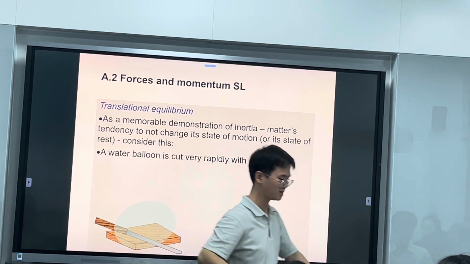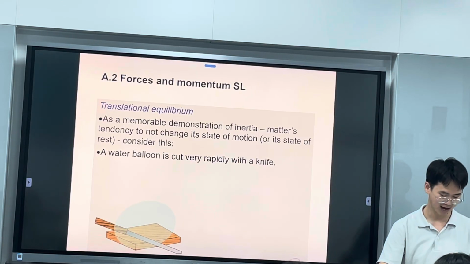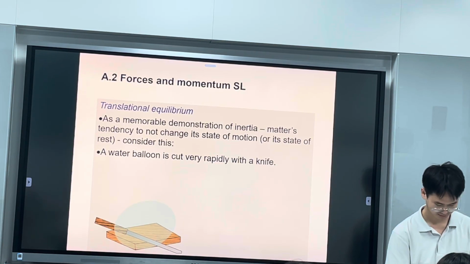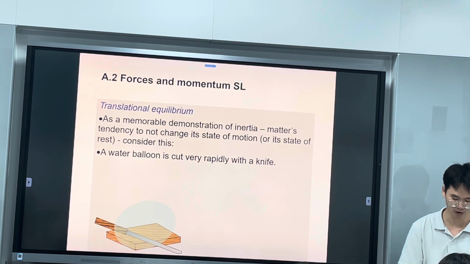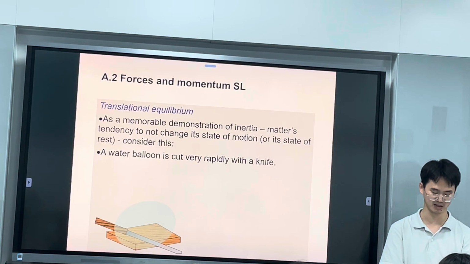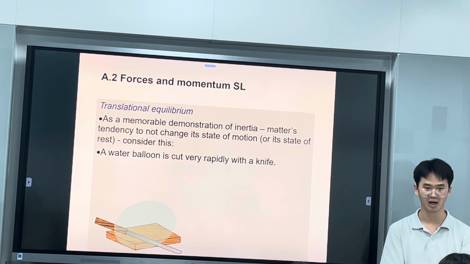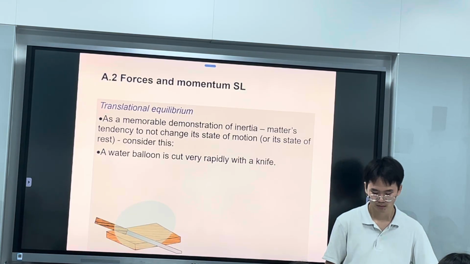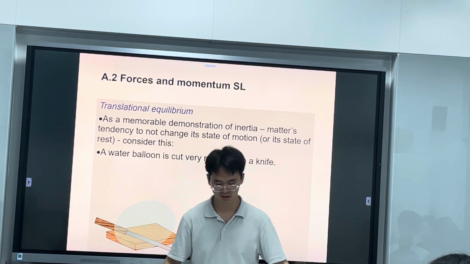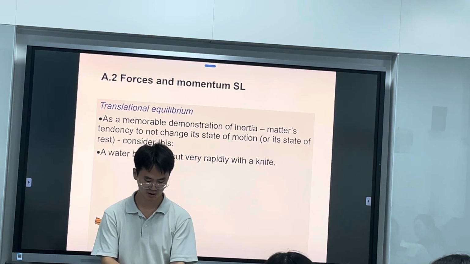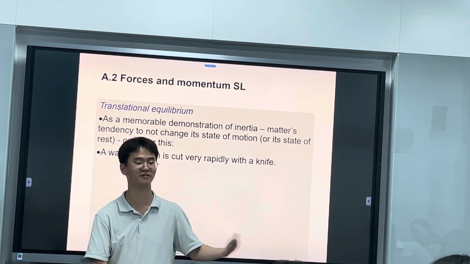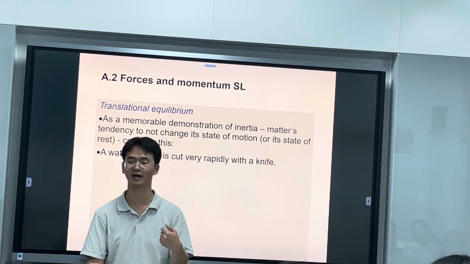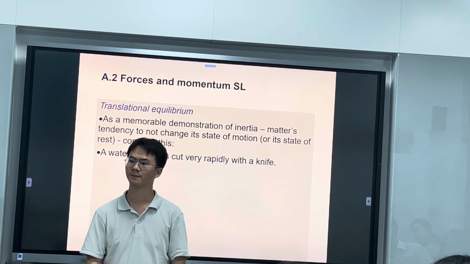So this demo is pretty simple. Right now, this coin rests on top of this cup. And what happens if I give a hard push to this ruler? The ruler will fly off, right? What about the coin? It will fall.